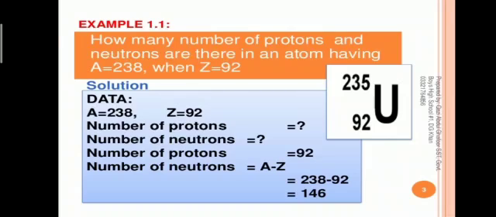It means that the number of protons or electrons is 92 while the remaining are neutrons. We can calculate the number of neutrons by subtracting the number of protons from the mass number.